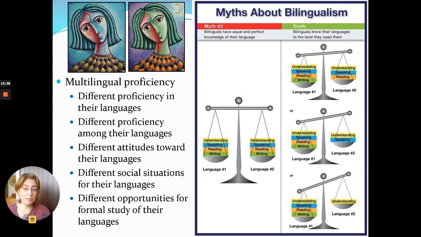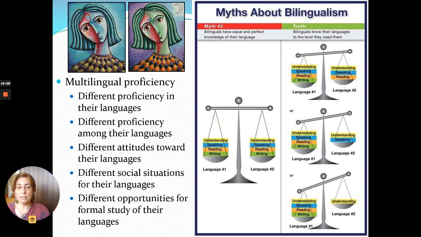And finally, they might have different opportunities for the formal study of their languages. Not all of the languages of multilinguals might be present at school. And if a language is not present at school, it takes an extra effort to learn how to read and write, but also to expand your vocabulary.